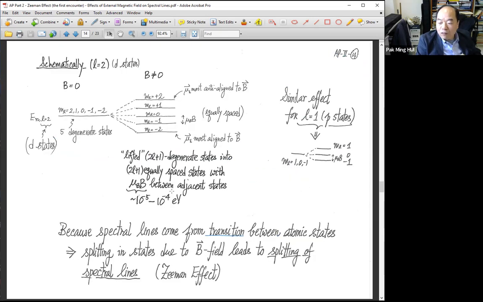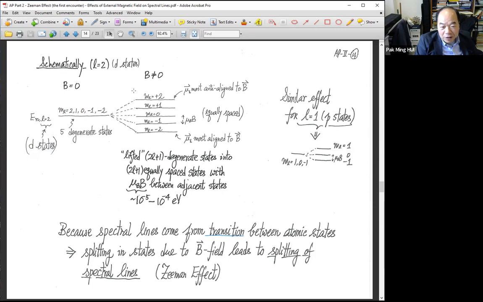Okay, so now I will flash you the effect before I take a short break. I don't want the flow to be interrupted. So here is a figure. This is a D state, for example, 3D. D, L equals 2. m has 5 values: 2, 1, 0, minus 1, minus 2. Without B field, they are degenerate.